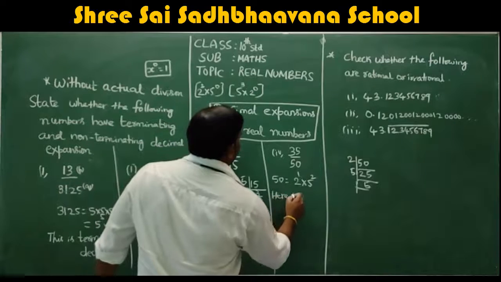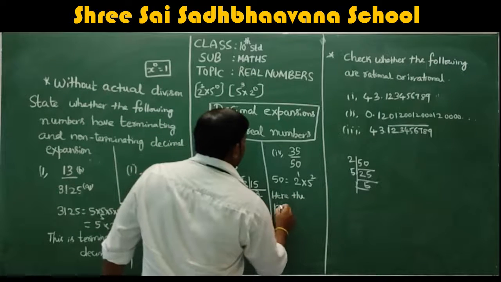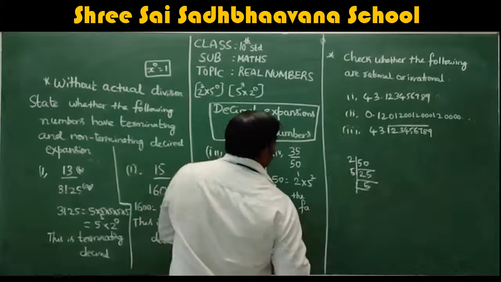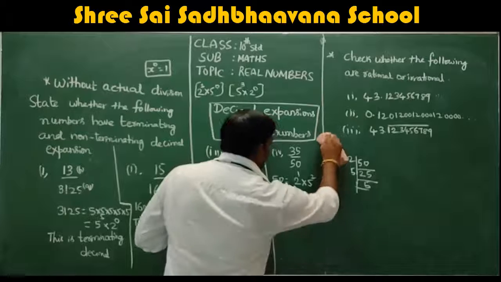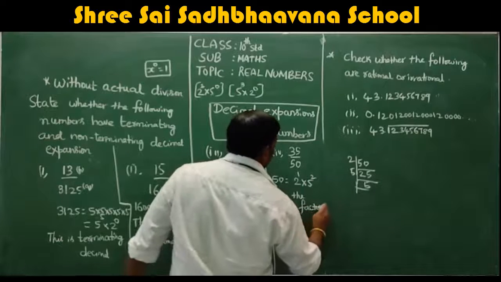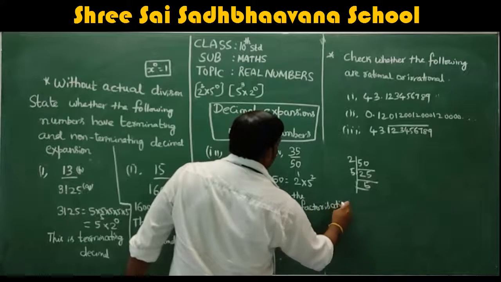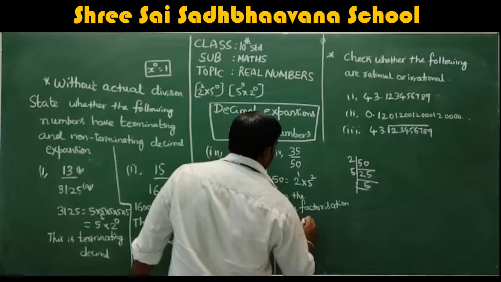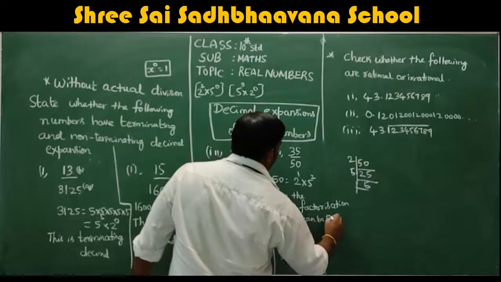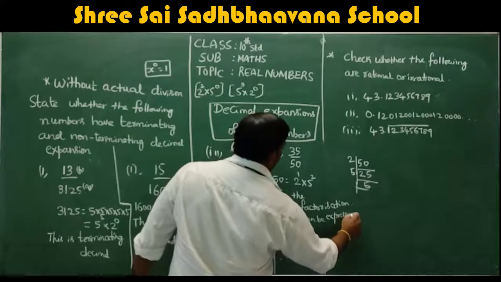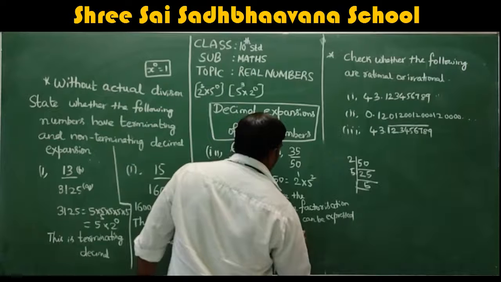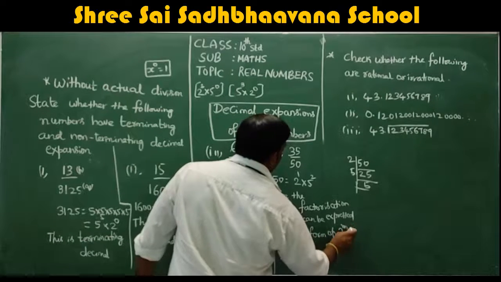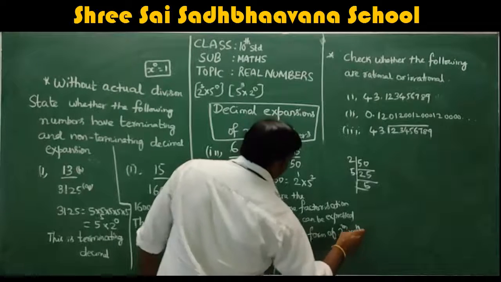Here, the prime factorization of 50 can be expressed in the form of 2 power m into 5 power n.